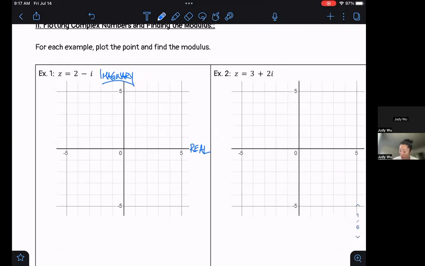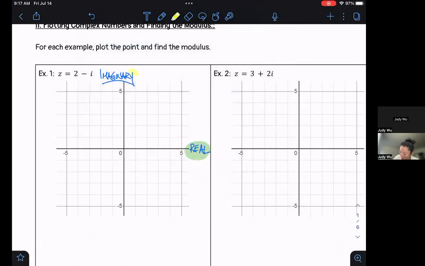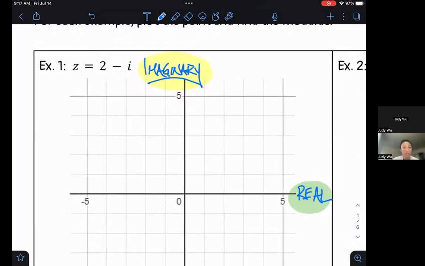And we plot them the same way. All right. So our a goes on the real axis and our b goes on the imaginary axis. So our real is going to be the a and our imaginary, that's going to be the b. Okay. So if I look at this one, z equals 2 minus i, I really have z equals 2 minus 1i.